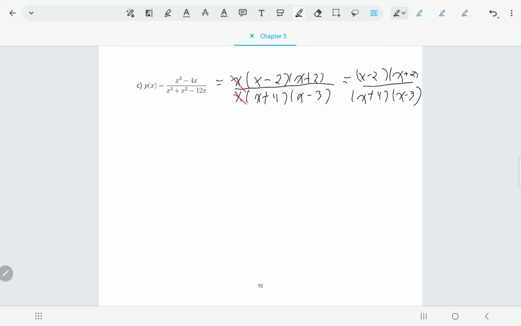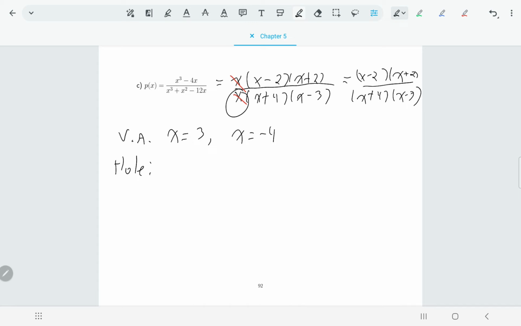And so we've got a couple of things. Number one, we have two excluded values that are locations for vertical asymptotes. We have vertical asymptotes at x equals 3, and also the line x equals -4. We also have a hole in this graph.